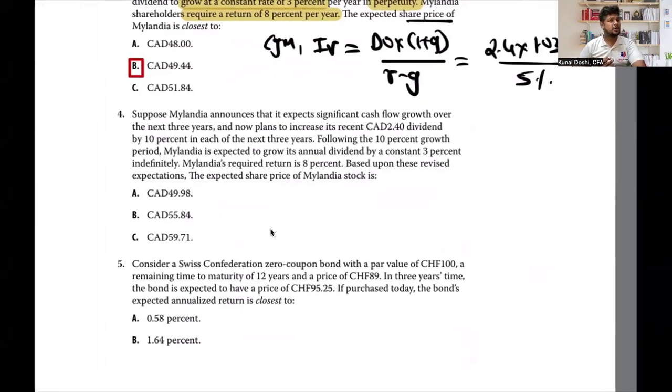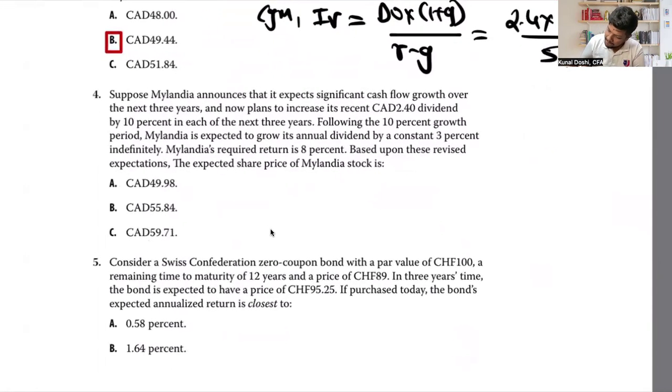This was still simpler because it was a constant growth model, a single stage model. The next one, let's see the next one. Company announces it expects significant cash flow growth over the next 3 years. And now it plans to increase the recent 2.4 dividend by 10% each year for the next 3 years.